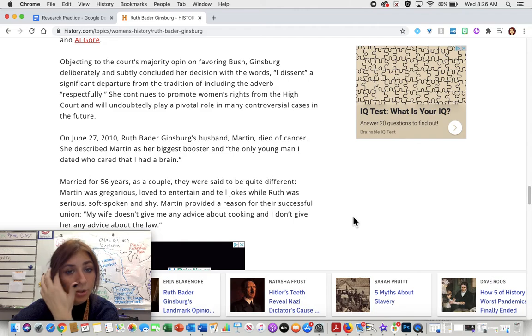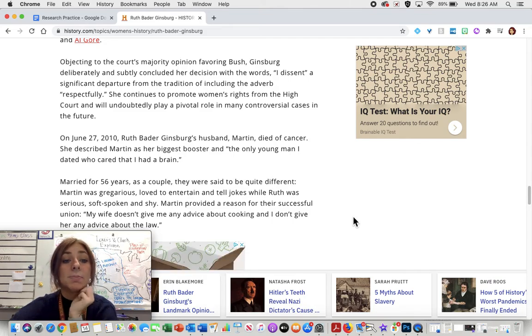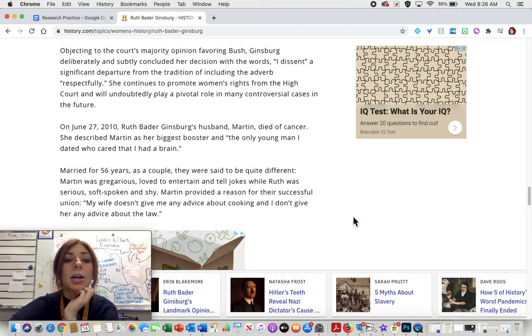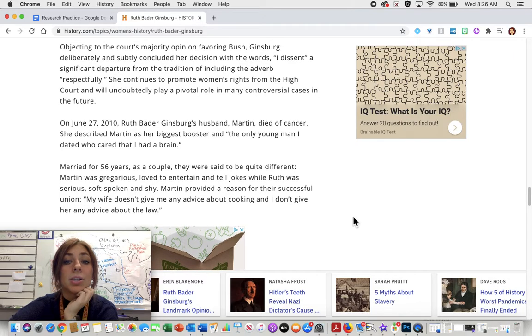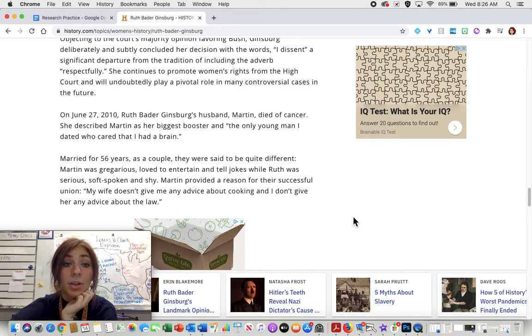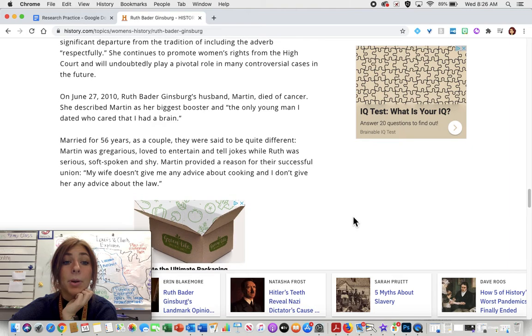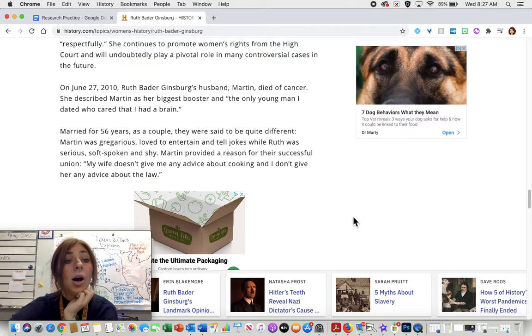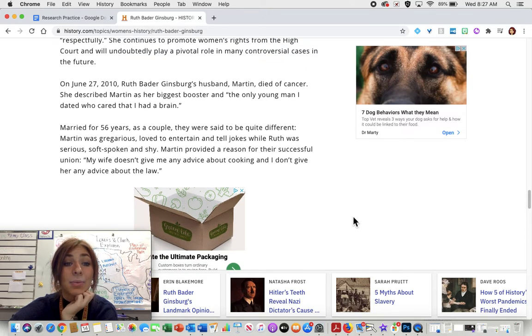Objecting to the court's majority opinion favoring Bush, Ginsburg deliberately and subtly concluded her decision with the words, "I dissent," a significant departure from the tradition of including an adverb, respectfully. She continues to promote women's rights from the High Court and will undoubtedly play a pivotal role in many controversial cases in the future.